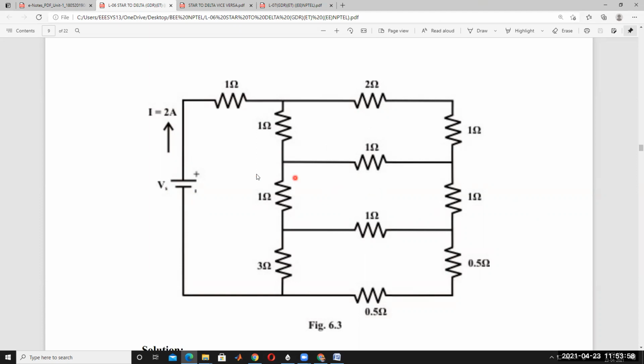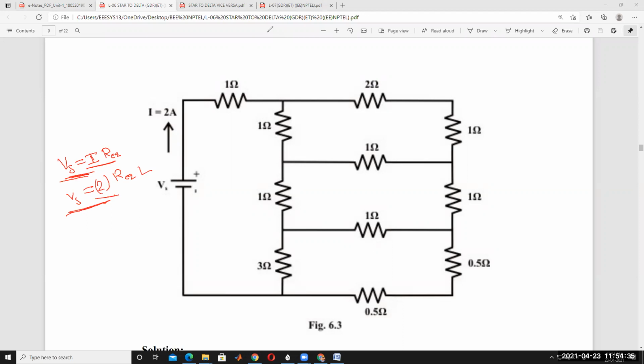Find the total resistance, and voltage Vs is nothing but I into R. Your voltage Vs is equal to I into the equivalent resistance, R equivalent. Okay. So you know the current is 2 amps. So by using star to delta and delta to star transformation techniques, find R equivalent.